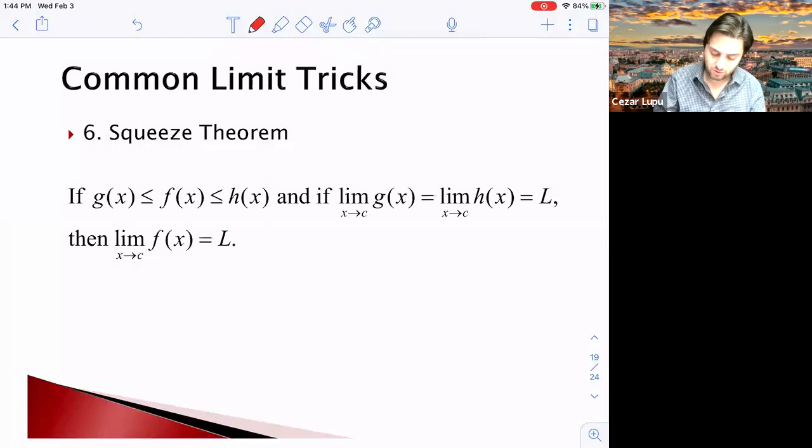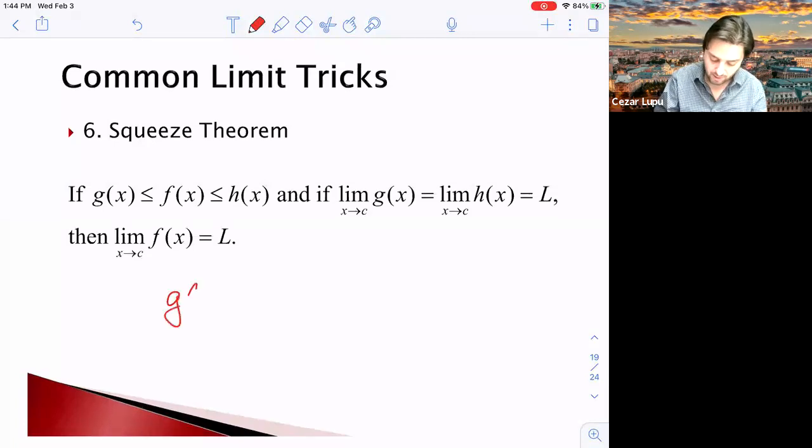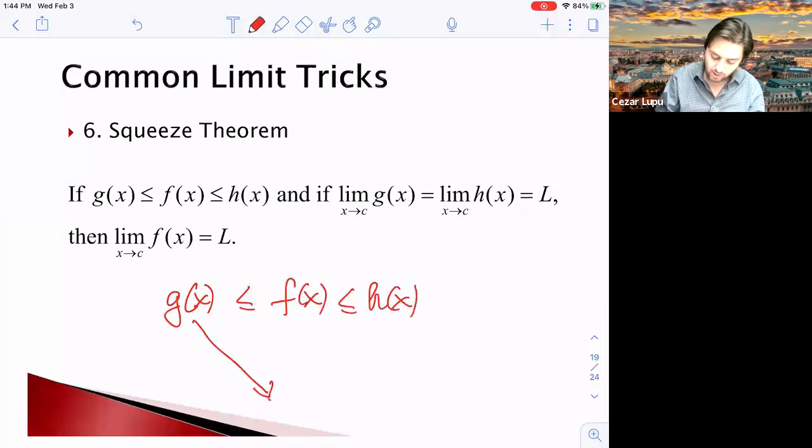So in other words, let me draw a picture so things are clearer. We have g of x less than f of x less than h of x. This goes to L. This guy goes to L as x approaches c, both of them. Well, guess what? The same thing happens for this one. It will go to L as x approaches c.